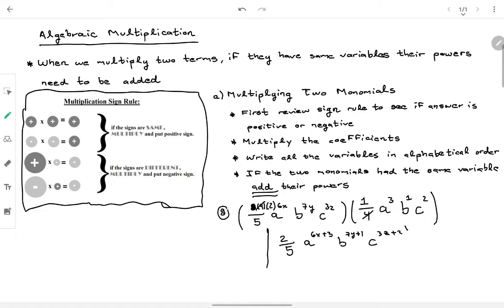So this is going to be our final answer, that it's 2/5 of a to the 6x plus 3, b to the 7y plus 1, c to the 3z plus 2. So let's see our next topic.